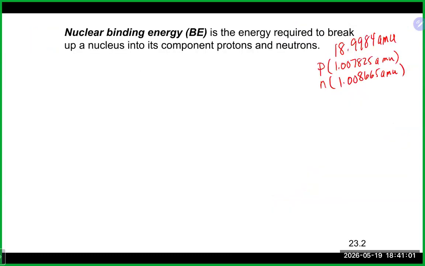So for example, if we take a look at fluorine-19, fluorine-19 has an atomic mass of 18.9984 AMU. A couple of things that we know: fluorine's atomic number is 9, which means it has 9 protons.